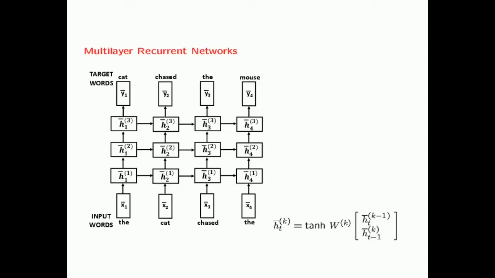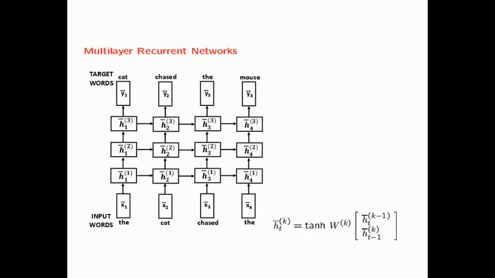Now, you can generalize this principle to multilayer neural networks. And multilayer neural networks, if you look at the recurrence equation, are not very different from the single layer neural networks. The only difference is that if you look at a higher level layer, what it takes as input is one of its lower level layers instead of the one hot encoding of the input word. Otherwise, the recurrence equations are almost identical.